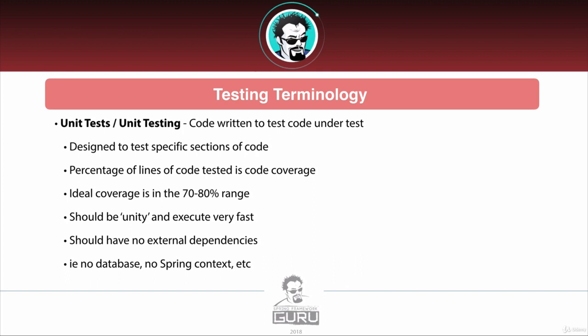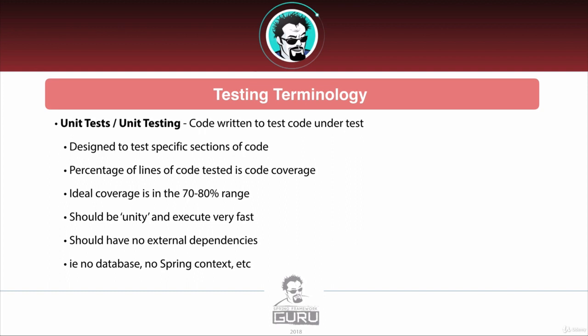So there's something very small, very minor. You may or may not want to spend time testing that, especially if it's something very obvious. So that's why I'm saying in the 70 to 80% range. And this is not a hard and fast rule. You could very easily say, hey, somebody said that it should be at least 85%. I'm not going to argue with that. So I'm just saying this is a very ballpark range.